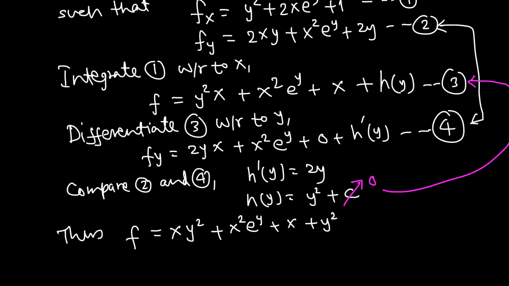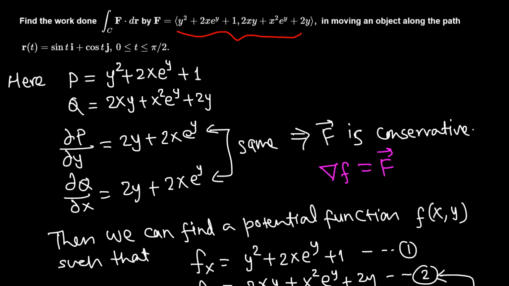Let's go back and read the question. Now we are trying to find the work done when an object is moved along this path. Let me write it in component form.